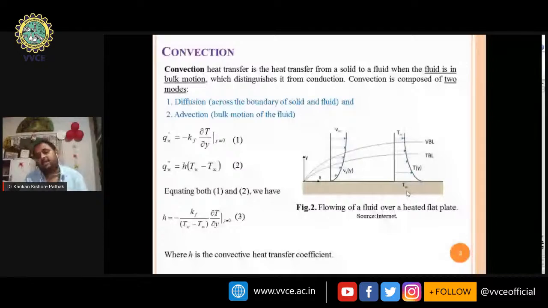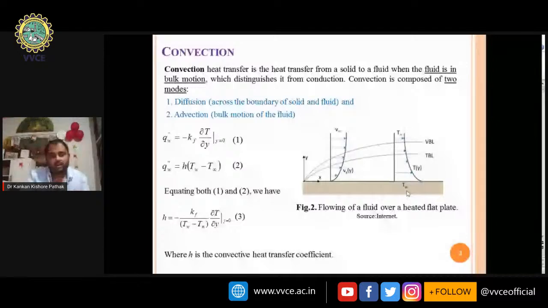So this equation number 2 is a very common question. It is the Fourier law of heat conduction: heat flux q is equal to minus K_f del T by del y, where K_f is the conductivity of the fluid. Where can we use this equation?